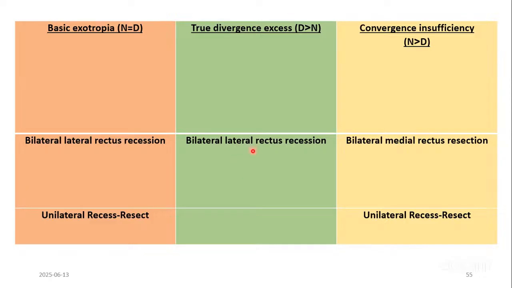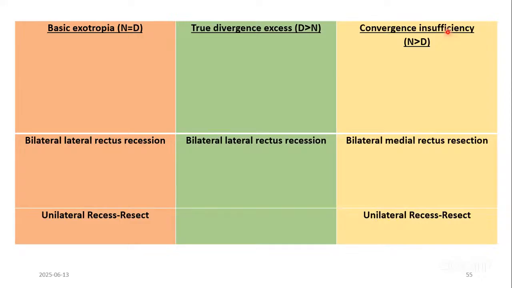Because the deviation at distance is more than the deviation at near, and the lateral recti are responsible for that difference between near and distance. So in true divergence excess, it is always preferable to do bilateral lateral rectus recession.